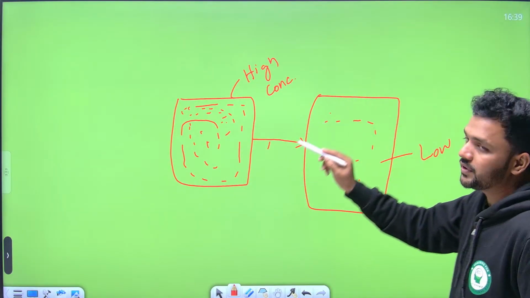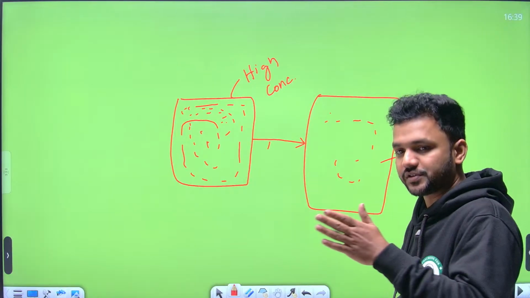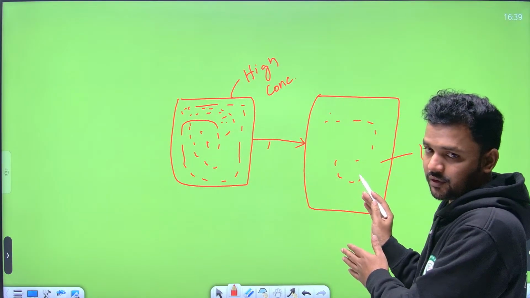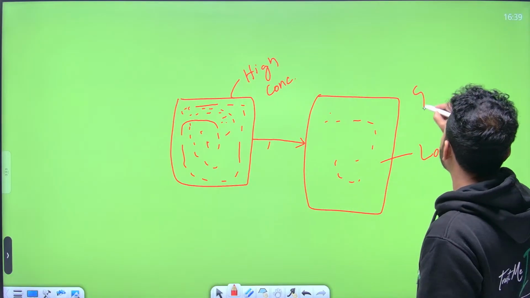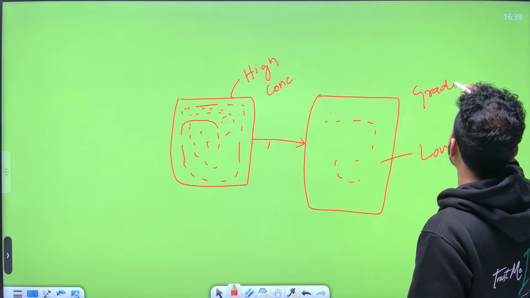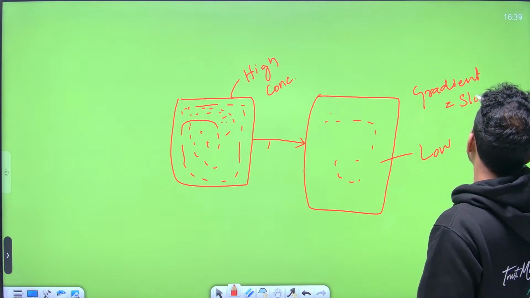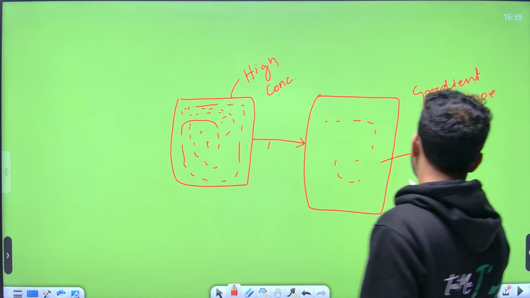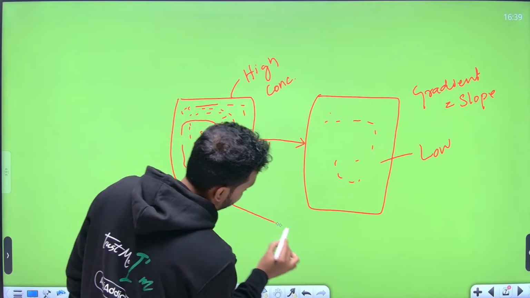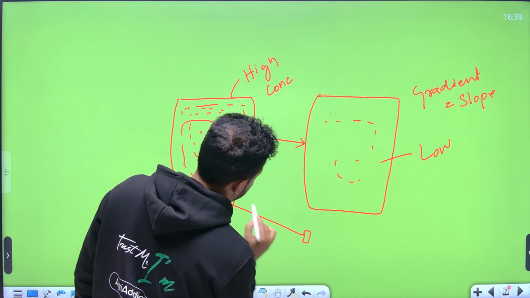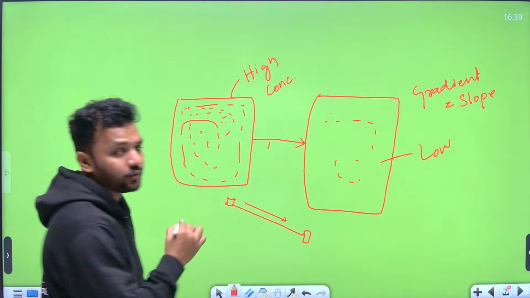So diffusion takes place along the concentration gradient, meaning from higher concentration to low concentration. And gradient is nothing but slope. Slope is like this, no? Here it is a slope. So from higher to lower, this is the direction of flow.